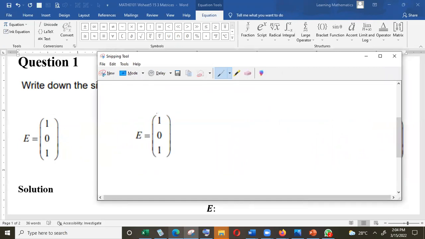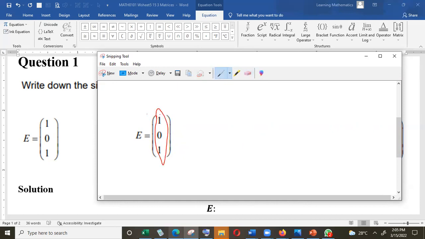We see 1, 2, 3 rows. Matrix E has 3 rows, and matrix E only has 1 column.